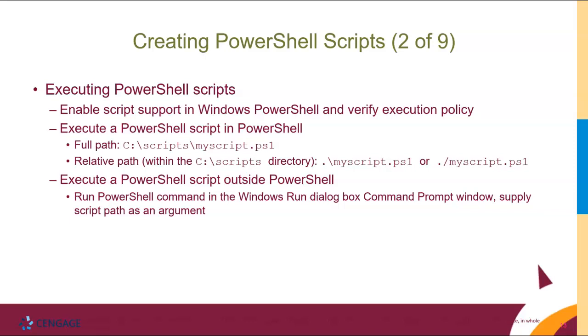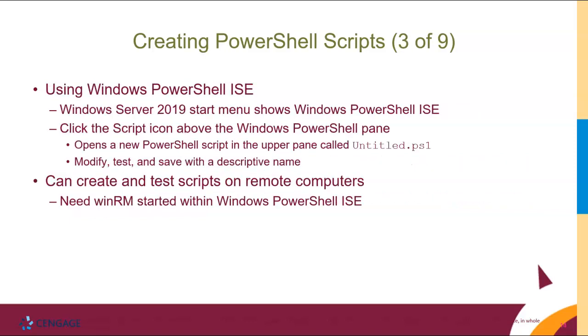So how do you execute a PowerShell script outside of PowerShell? You run the PowerShell command in the Windows Run dialog box, and then you supply the script path as an argument. There's a special way that you do that, but we're not going to go over that in this.